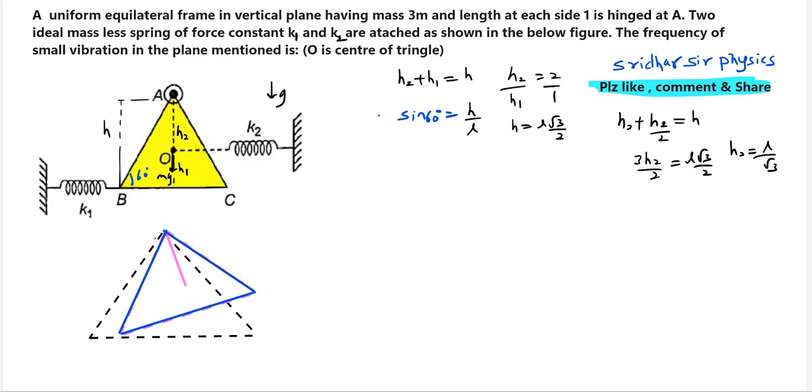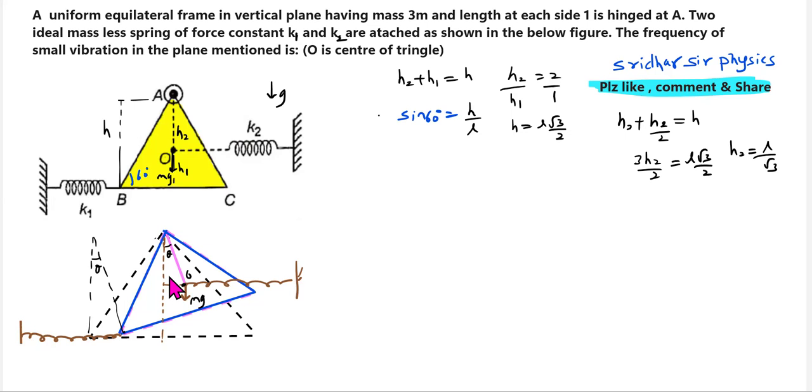Now, what about this spring? This spring is elongated. Okay, fine. This spring will be compressed. But how much distance is it compressed? So earlier, this was the vertical line. And there's a point through which the weight mg will act. This is theta. There's one reference line.